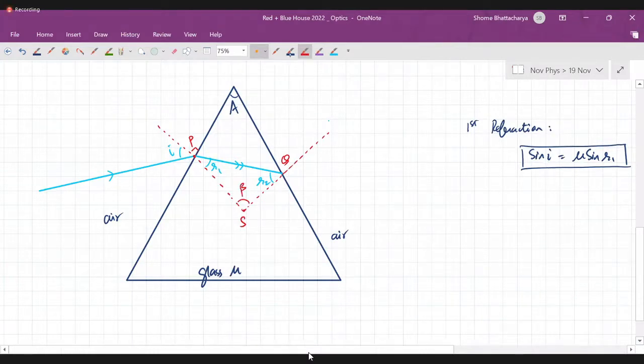So we can see at the second refraction, the angle of incidence is R2. So we'll come back to that. But before that, we have beta is equal to 180 degrees minus R1 plus R2. Okay.